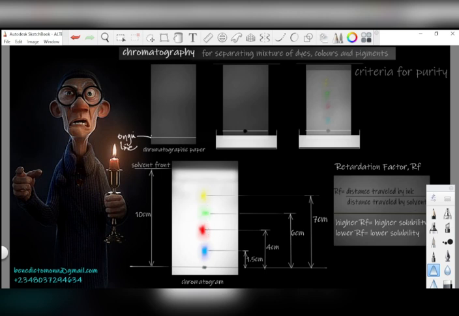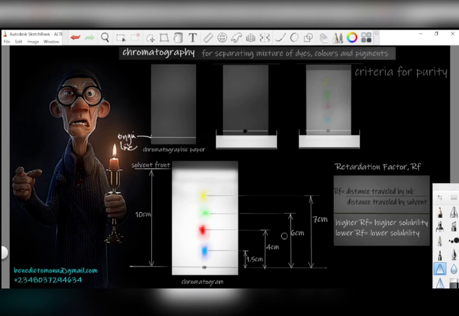But for the purpose of your exam, we go a little further to calculate something we call the retardation factor, RF value. The retardation factor is given by the formula: distance that an ink travels over the distance that the solvent itself travels. If you look at this diagram, this is where the solvent actually stopped after the experiment. That level is called the solvent front.